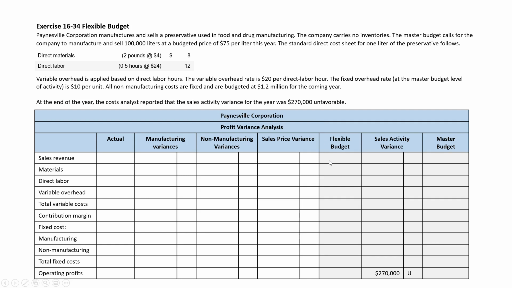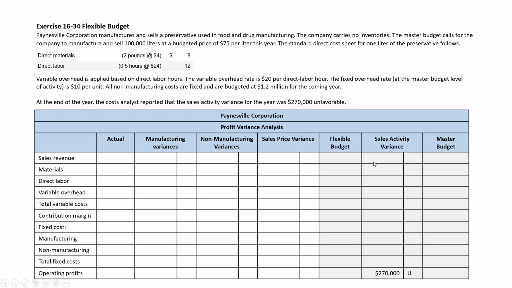So, for example, for sales revenue, if I'm trying to calculate the sales activity variance, I would figure out the master budget sales revenue, 100,000 times a $75 selling price, and the flexible budget for sales revenue, which would be the same $75 selling price times whatever the actual number of liters I sold was.